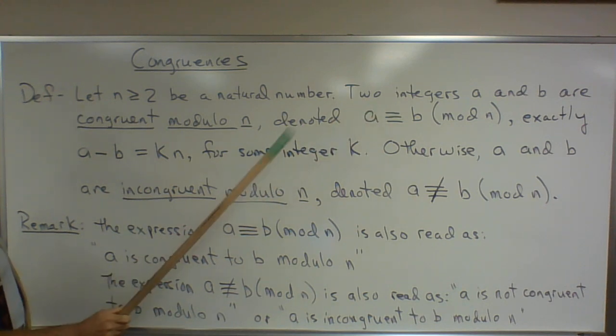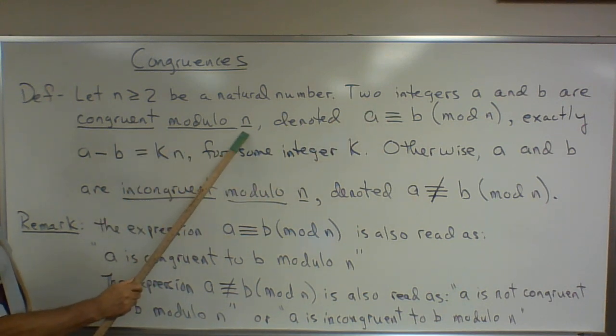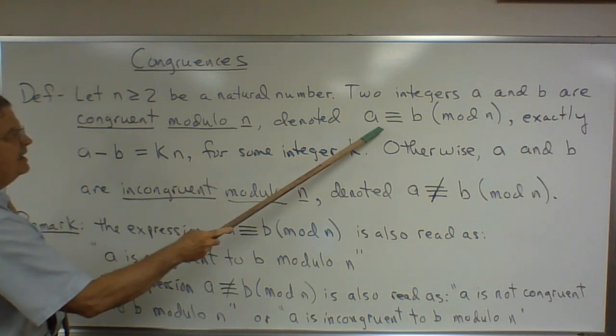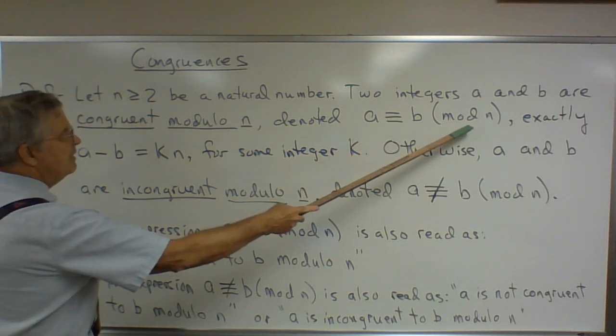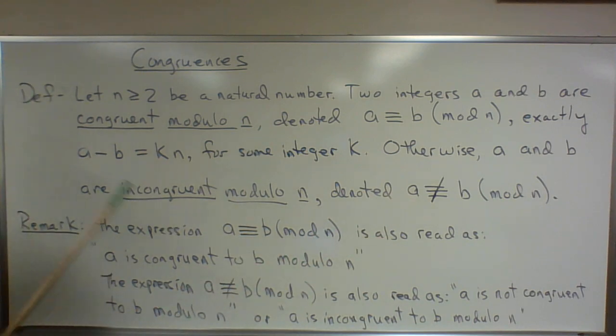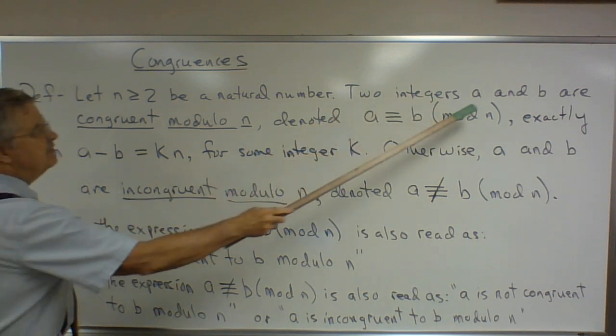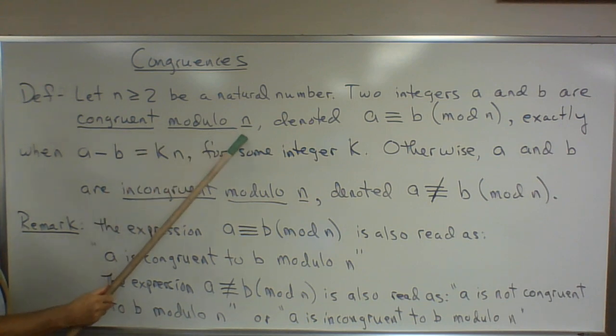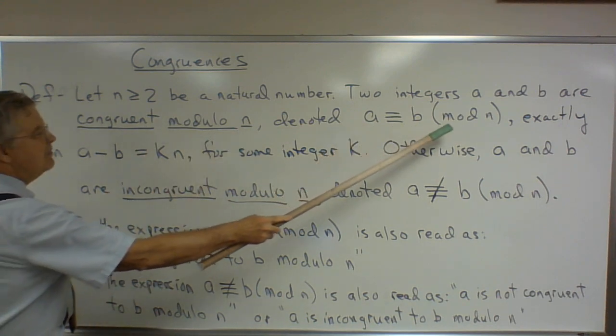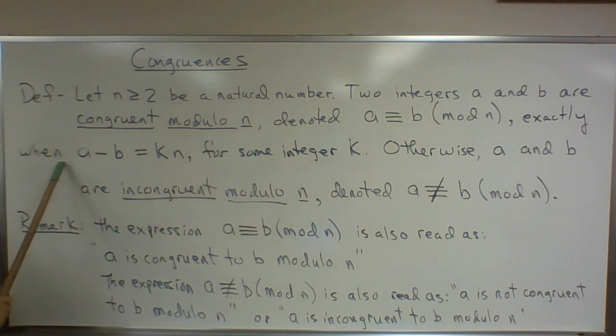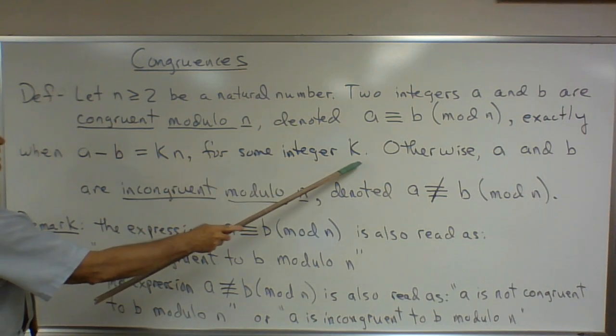Two integers a and b are congruent modulo n, denoted a is congruent to b modulo n, exactly when a minus b equals kn for some integer k.